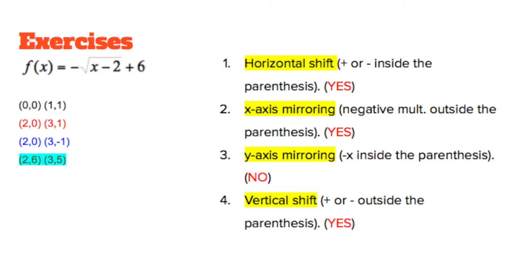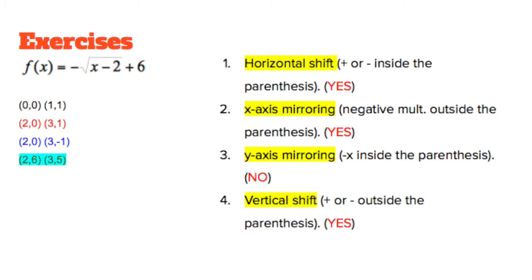So in order to do that, we have to change the sign of the y coordinates. Now, well, you can see there is no negative x inside the parentheses, and for the last we have to see if there is any addition or subtraction outside the parentheses, and in fact there is one.